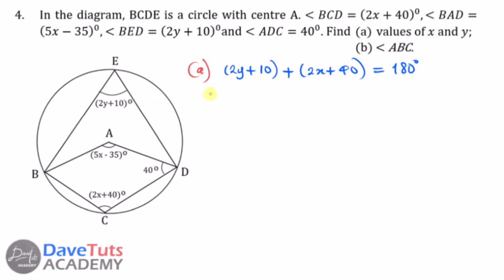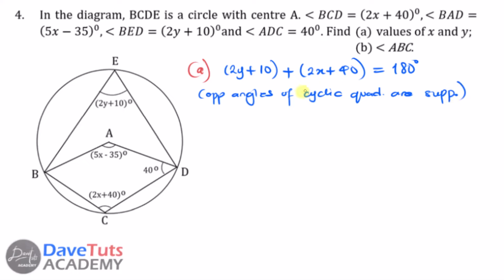Why am I saying that? It is because they are opposite angles of a cyclic quadrilateral, and in circle theorems we are given that opposite angles of a cyclic quadrilateral are supplementary. Supplementary means that they add up to 180 degrees. Once I'm able to state that, I'm good and fine.